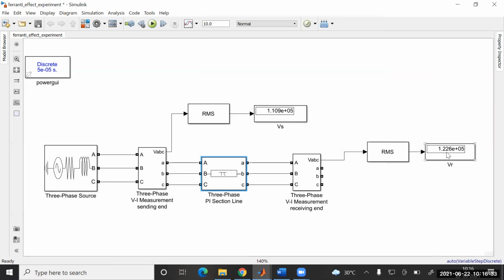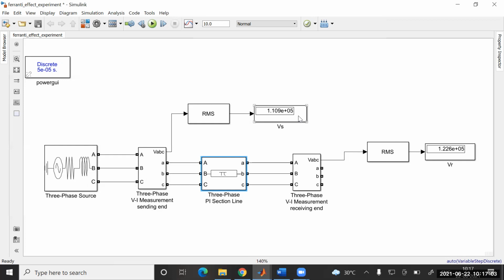That is your 1.226 e to the power 05. This is the receiving, and what amount we are sending is this. So if we subtract that, you would be getting around 107 or 117.